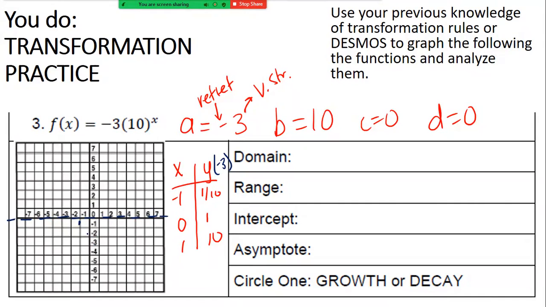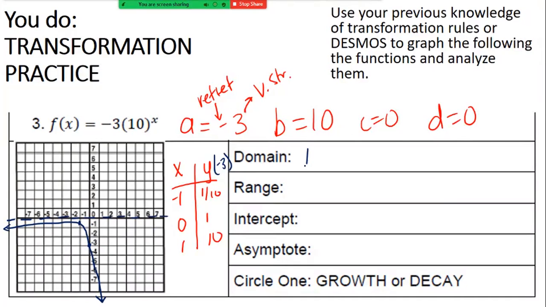What's 1 times -3? I was expecting a whole class. -3. Oh my gosh. And then 10 times -3 goes off the chart. So I can't put it on there, right? So my graph is doing this. Going down, down, down, down, down.